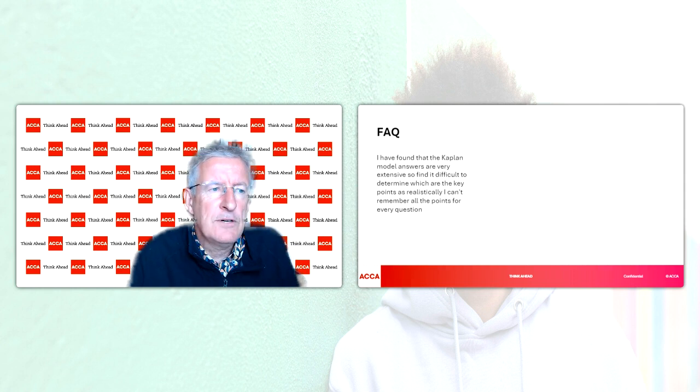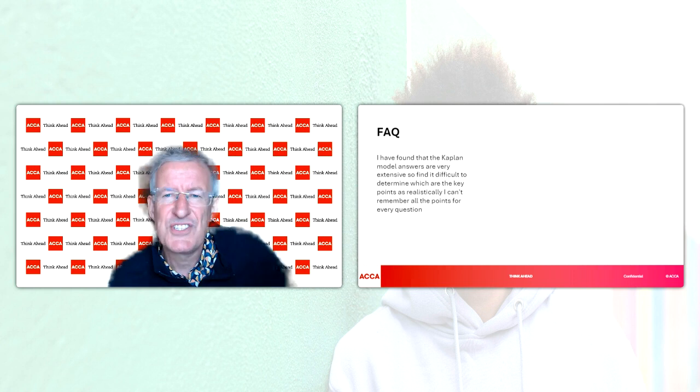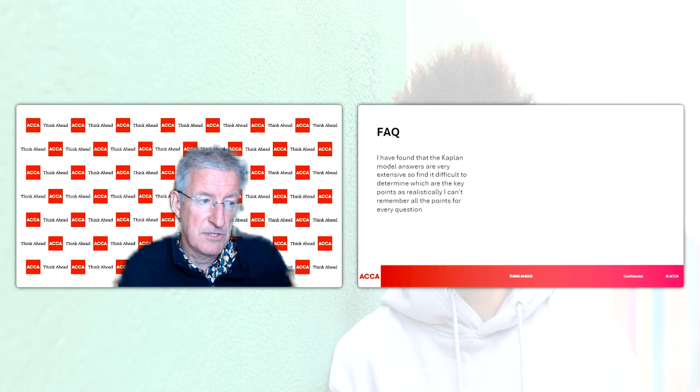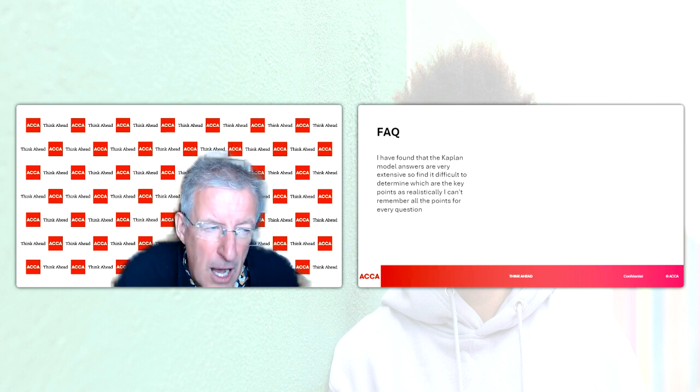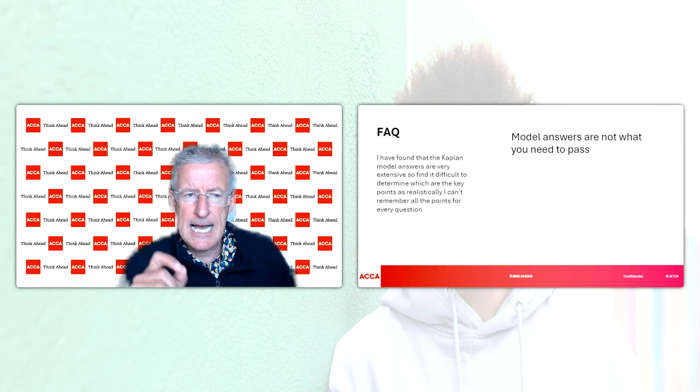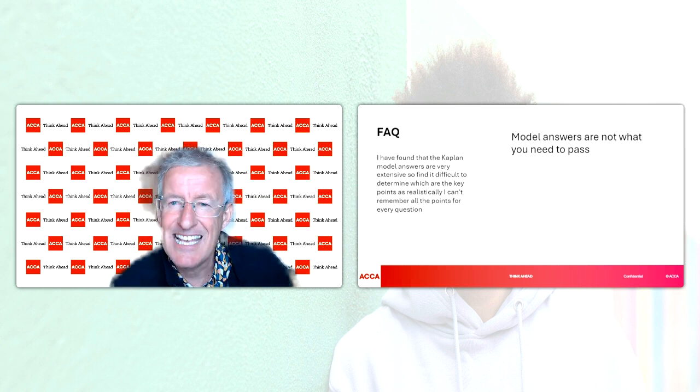I have found that the Kaplan model answers are extensive. Difficult to determine which are the key points. I cannot remember all of the points for every question. Wow. Okay. The first thing to say is, you can't play football like Lionel Messi.